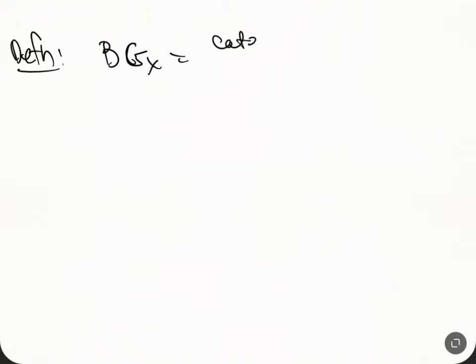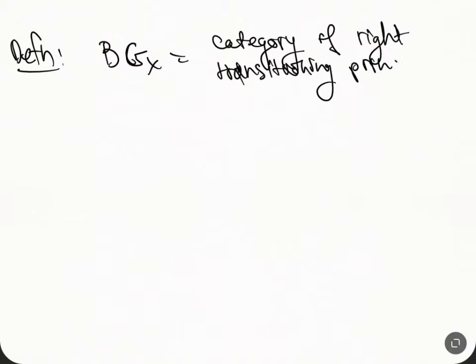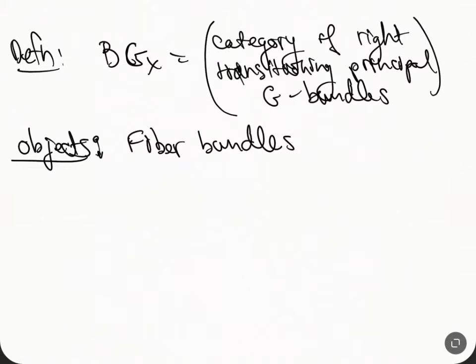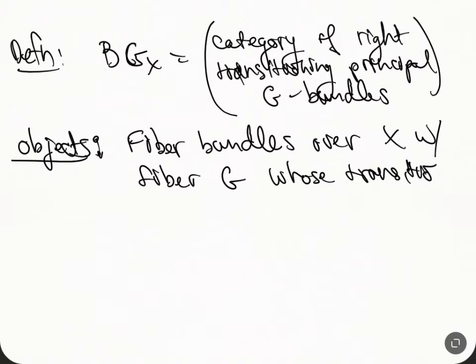This will be the category of principal G bundles with right transitioning, and the objects of this category are going to be fiber bundles over X with fiber G whose transition maps are right multiplication.